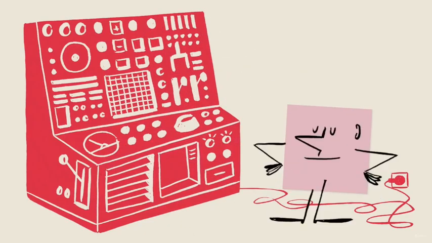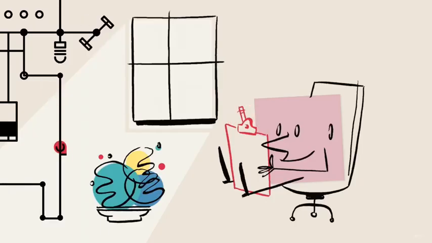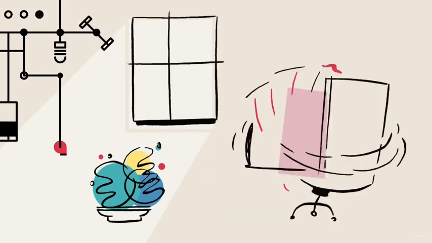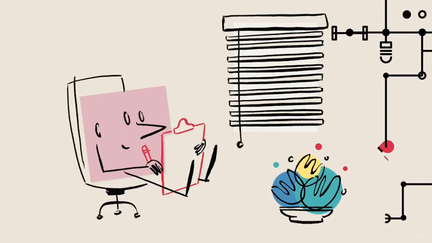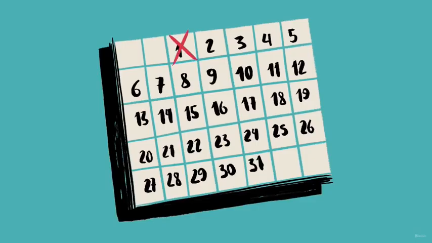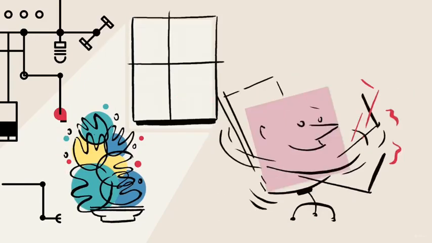The third hypothesis has to do with the amount of light. So this plant is next to an open window, getting lots of sunlight. And this plant is next to a window that has the blinds closed. And so I'm going to measure these plants over the course of the month and see what happens.